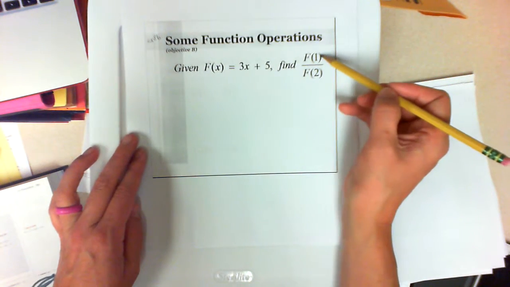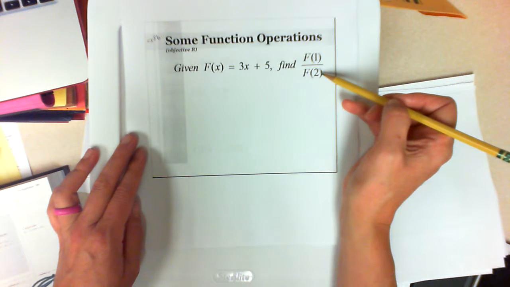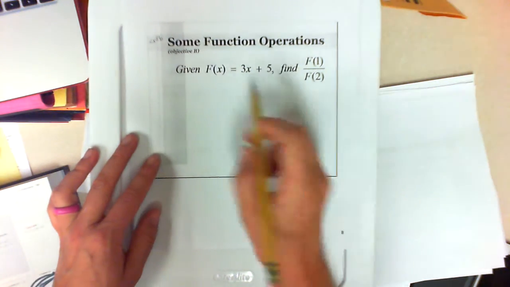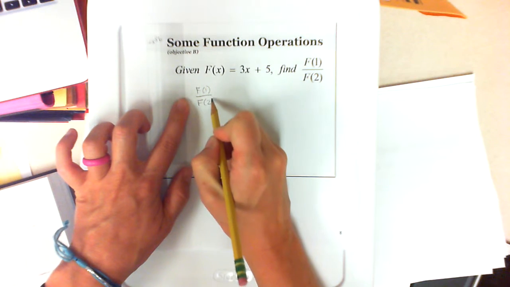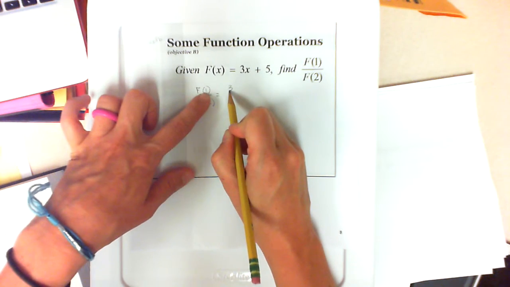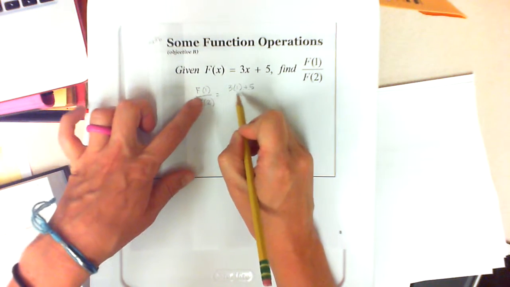This is the quotient of f of 1 and f of 2. So again, you're going to use your inputs and your outputs and then simplify. So if I want to find f of 1 over f of 2, that is equivalent to 3 times 1 plus 5 in the numerator.